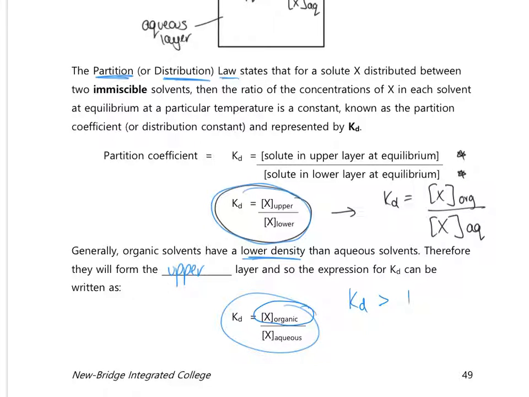If it's more soluble in the aqueous layer, that means the bottom of our fraction will be larger than the top of our fraction, and so KD will be less than 1. And if our solute has fairly similar solubilities in the organic layer and the aqueous layer, KD will be roughly equal to 1.